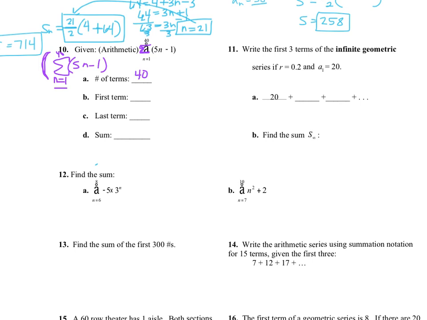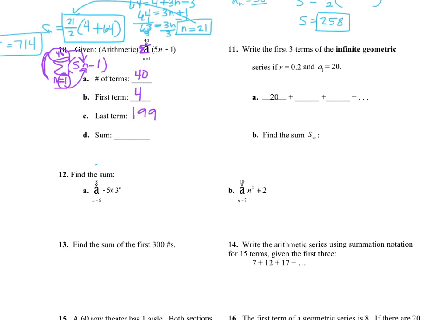So if you're just going to subtract those to find the number of terms, make sure you always add 1 to it. And then when they ask you for the first term, you're plugging this number in right here. So 5 times 1 is 5, minus 1 is 4. And then your last term, you're plugging this number in right here every time. So if we do that, 5 times 40 minus 1 is 199.